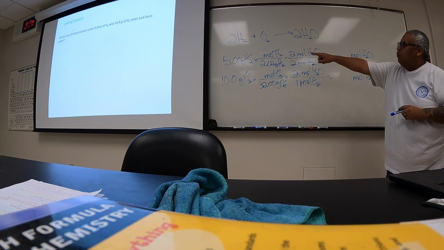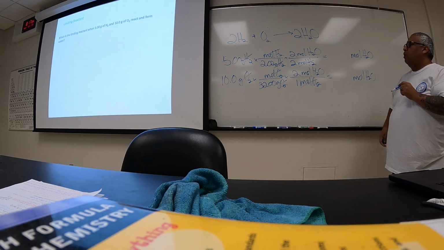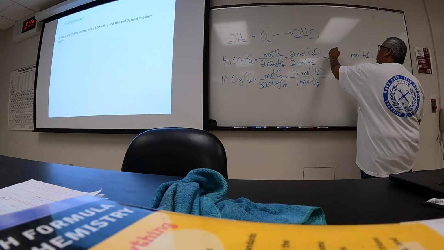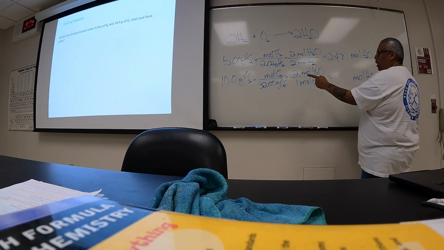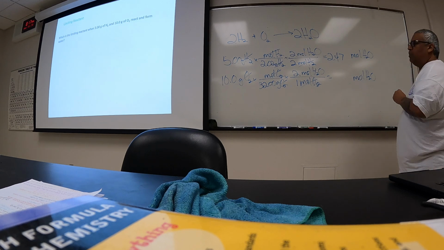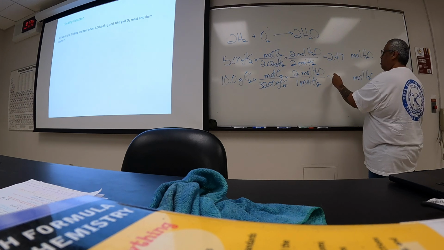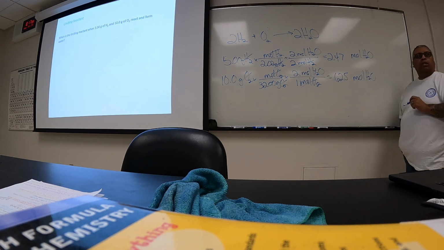So 5 grams of hydrogen, how many moles of water are we going to get from that? 2.47 moles. And how much with 10 grams of oxygen? 0.625. So which one is our limiting reactant?